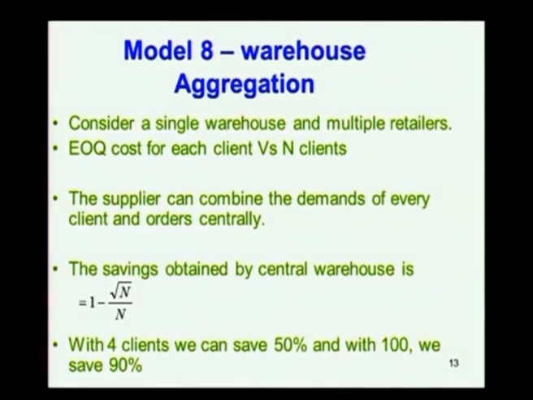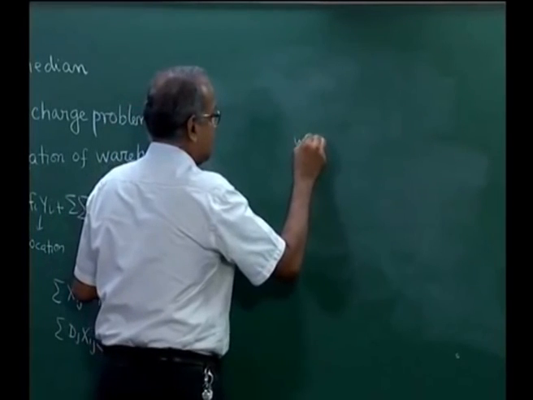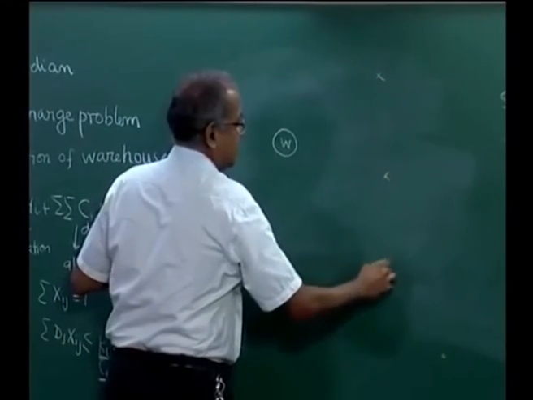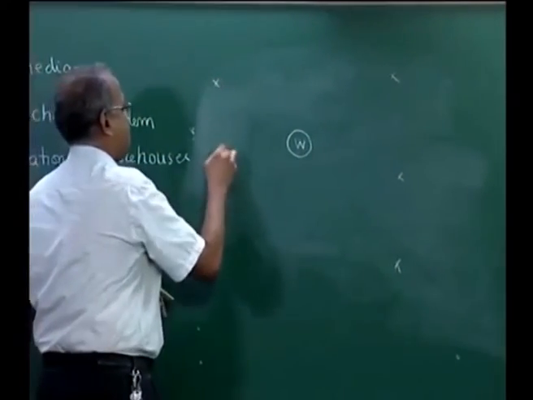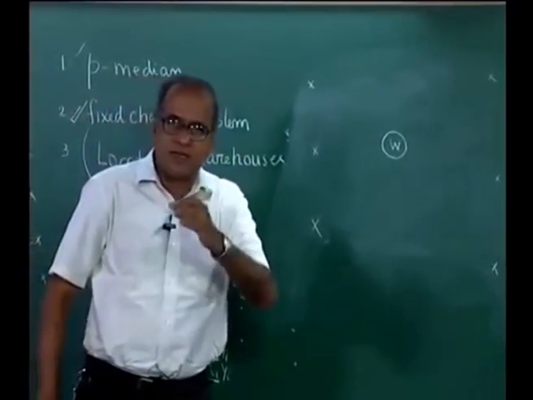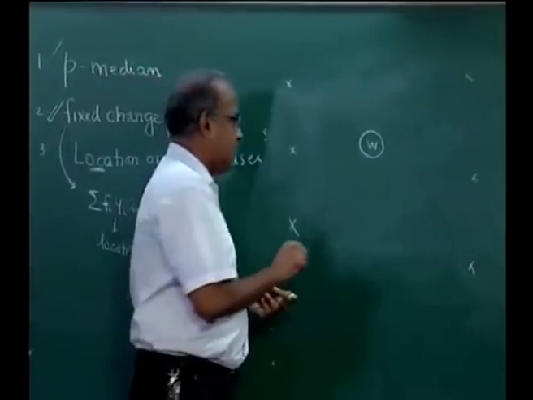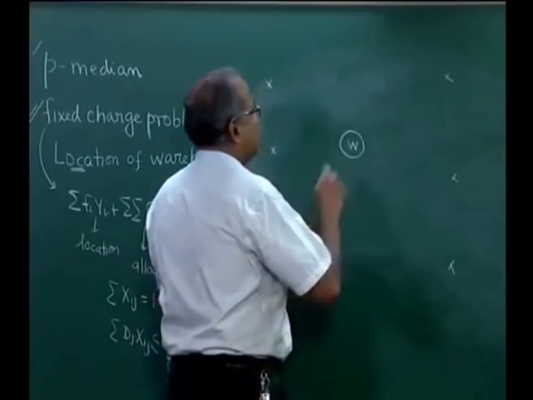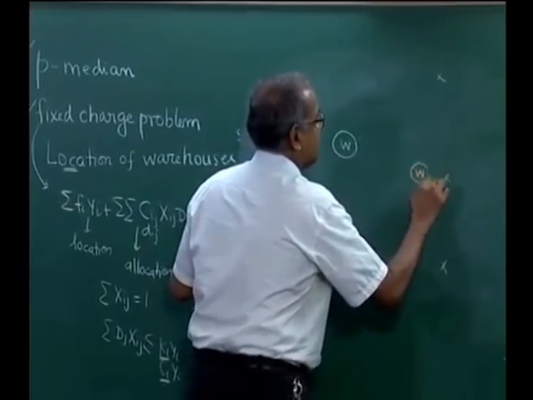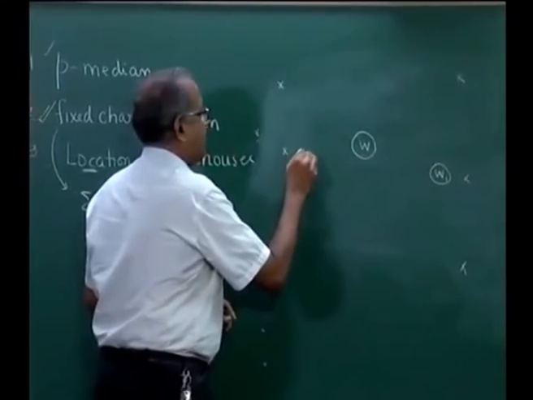There are times when we have, let us assume there is a warehouse here and there are several customers here. Now there are times we wish to make another decision which says, can we actually have 2 warehouses? For example, can we have one warehouse here and we have one warehouse here?